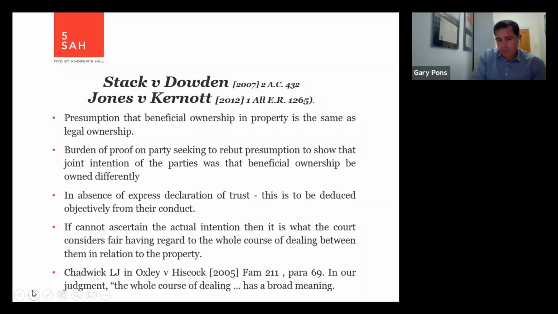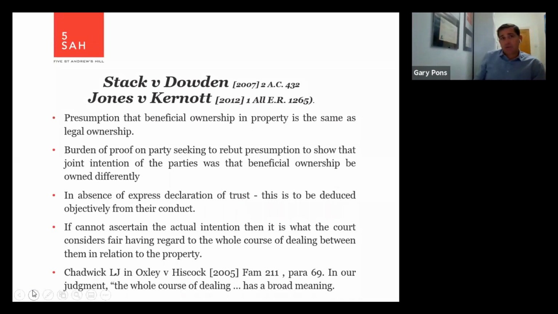The burden of proof will be on any party seeking to rebut that presumption. In the absence of an express declaration of trust, the way in which that is considered is it's to be deduced objectively from their conduct. So what is being deduced objectively is the intention of the parties. How did the parties intend that their respective beneficial interests would be held?